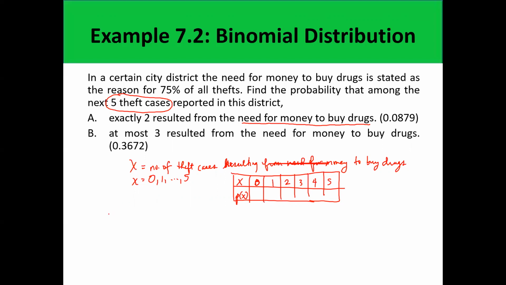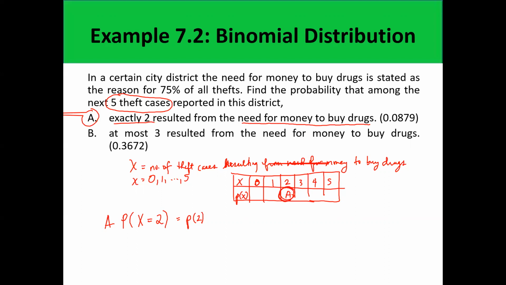Now for item A in this problem, we want to know the probability that exactly 2 out of the 5 theft cases resulted from the need for money to buy drugs. So that means finding the probability that the binomial random variable x is equal to 2. And this is equal to P of 2. And from the probability mass function, it means that we're going to find this particular value here.